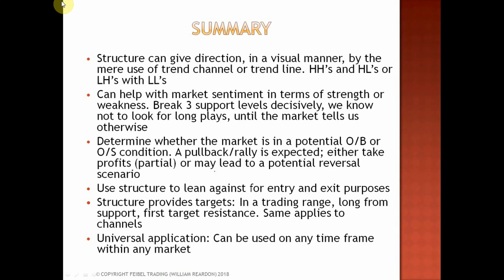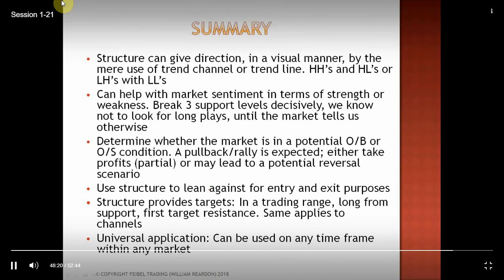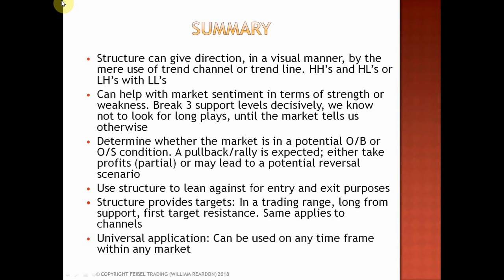And we use structure to lean against for entry and exit purposes, which we've spoken about throughout this whole course. The structure provides targets in a trade. For example, if we're in a trading range and we're long from support, our first target would be resistance. Same applies to channels.